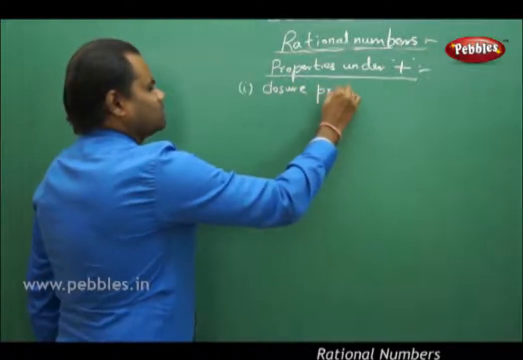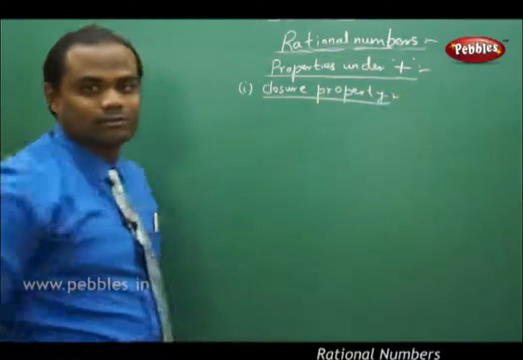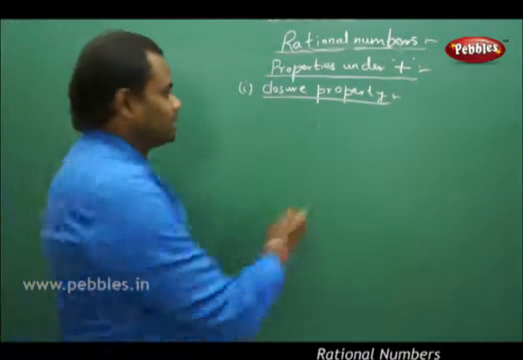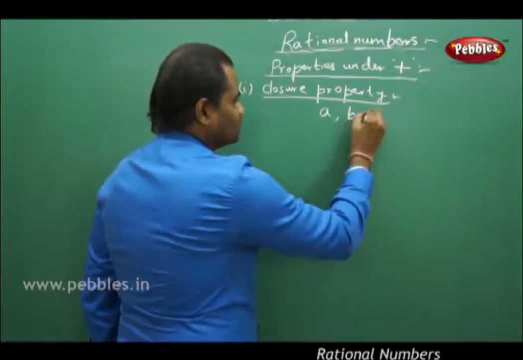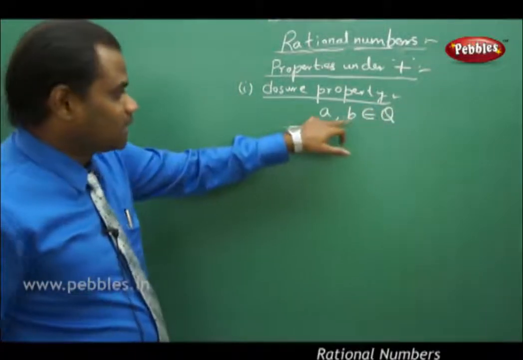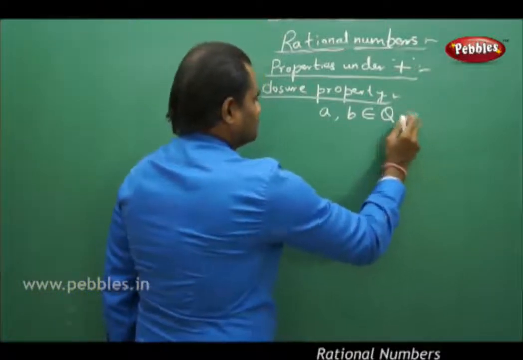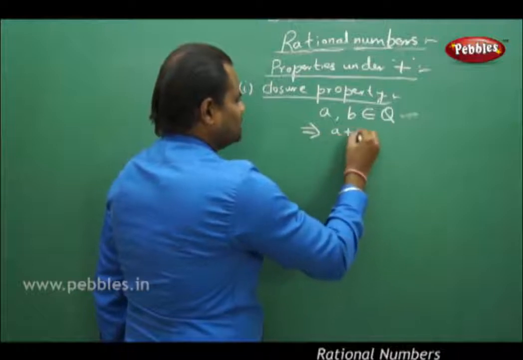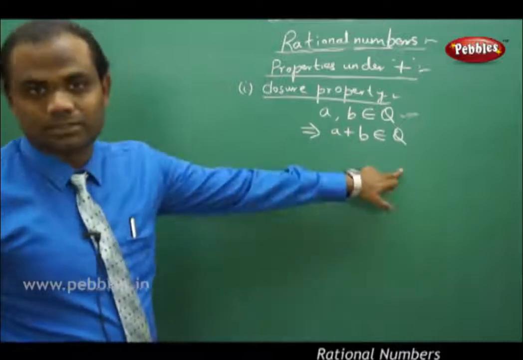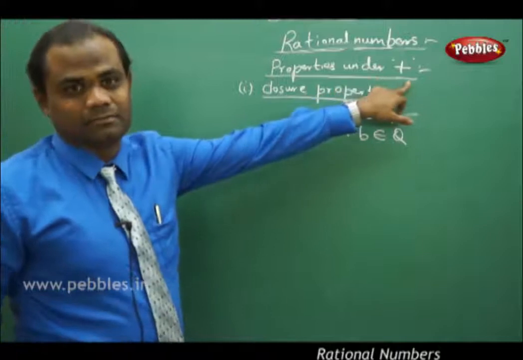Closure property is where if I take A and B belonging to Q, the set of rational numbers, which we already denoted by Q, then this implies A plus B also belongs to Q. The sum of two rational numbers is a rational number, which is the closure property under addition.